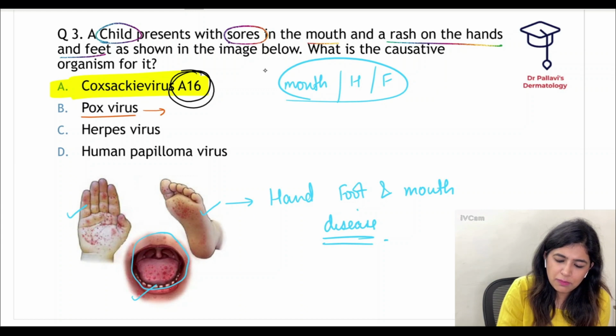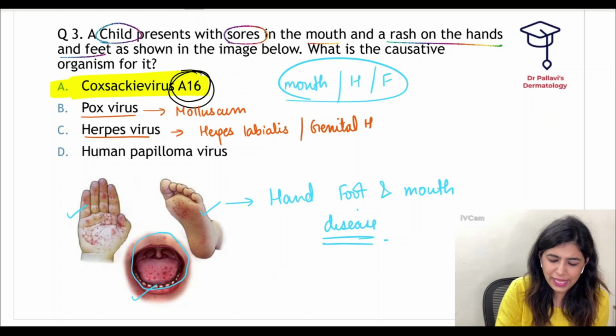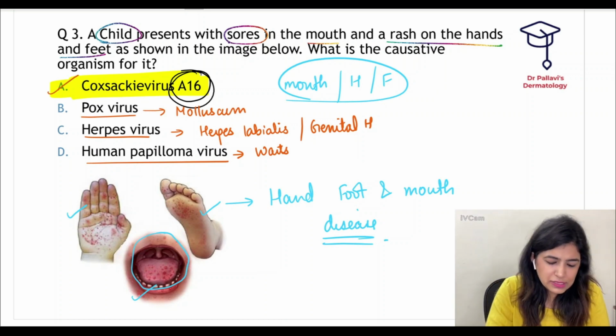Pox virus causes molluscum contagiosum. Herpes virus causes herpes labialis or genital herpes. And HPV, human papilloma virus, causes warts. Answer A.